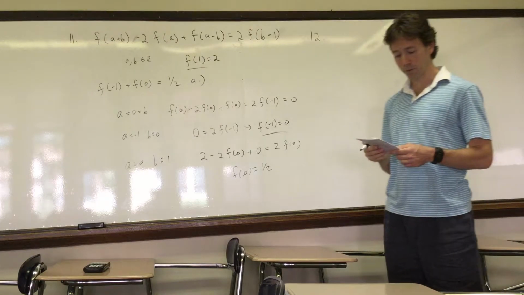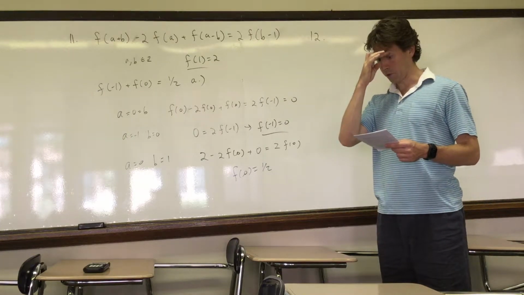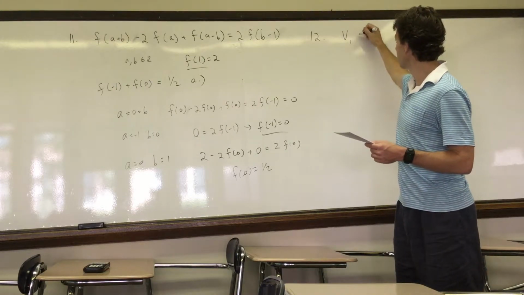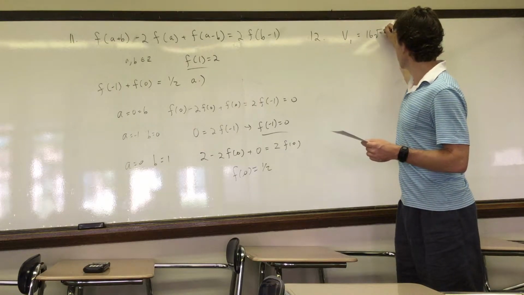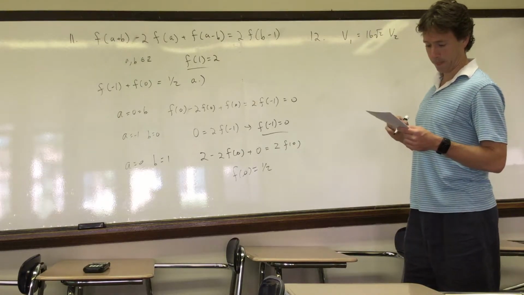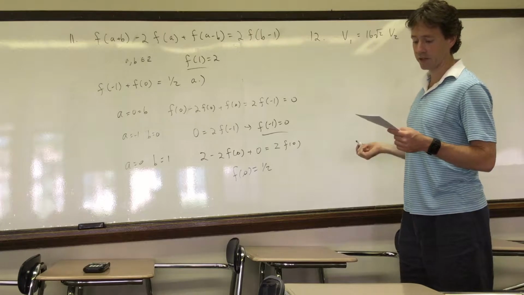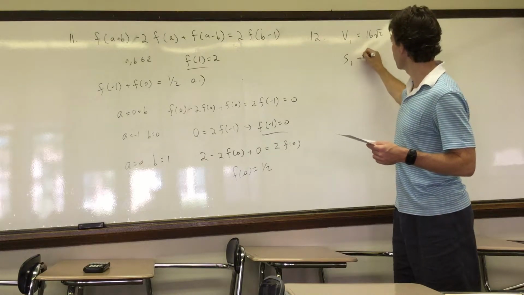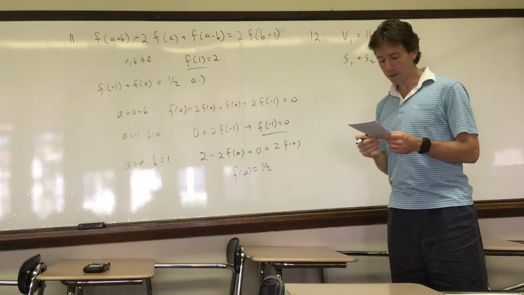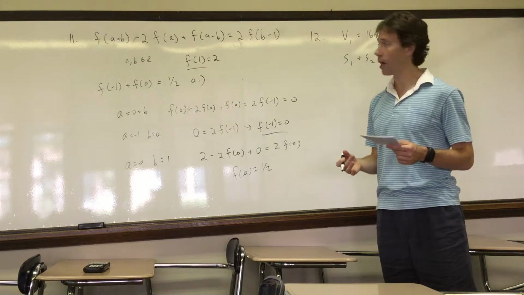Problem 12, we have two similar solids. The volume of the larger one, V1, is 16 square root 2 times V2, and the sum of the surface areas is 216 square inches, so S1 plus S2 is 216. What is the surface area of the smaller solid?